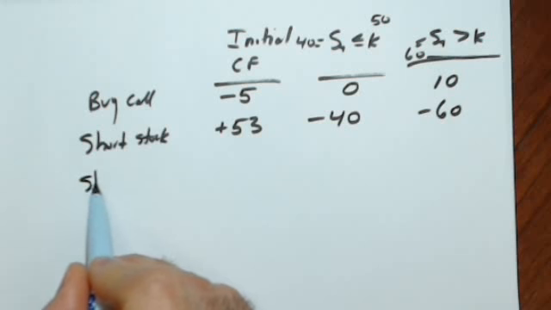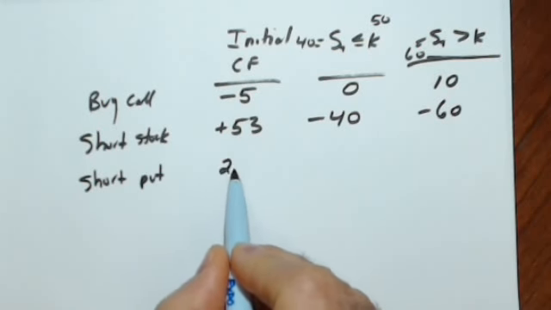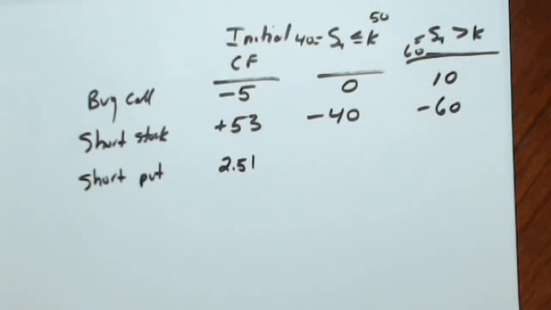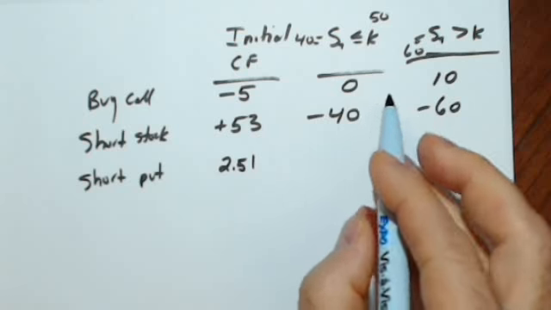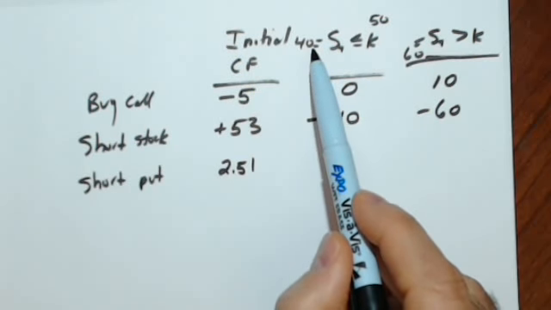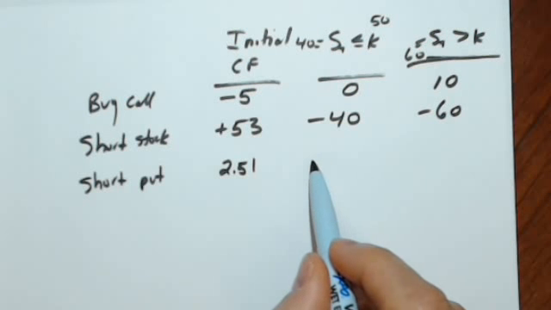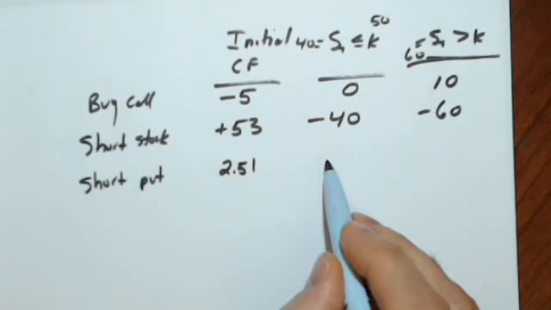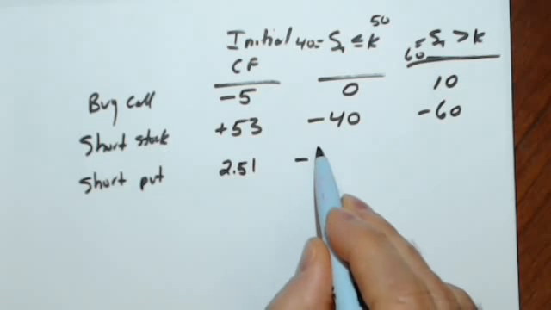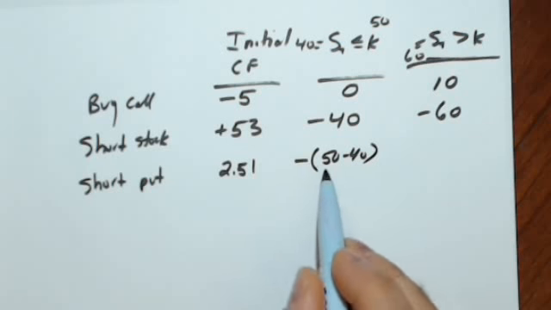Now, we want to short a put. That means we collect $2.51. We sell the put for $2.51. And the put is going to be worth K minus the stock price, so minus 50 minus 40.